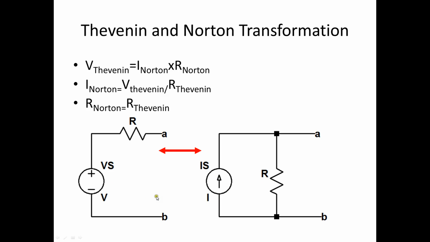And we can go backwards and forwards. And so, if it's easier for you to find the Thevenin equivalent, but you really needed the Norton, I suggest find the Thevenin, use source transformation to get the Norton equivalent.